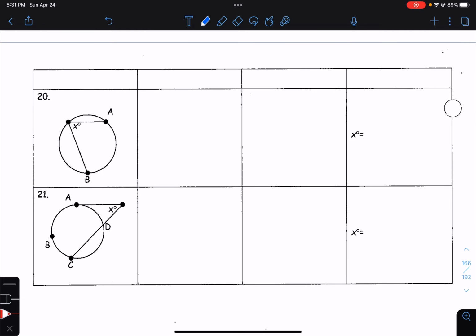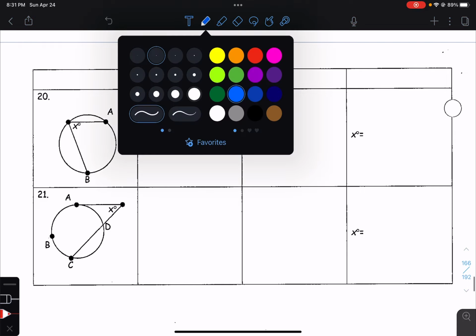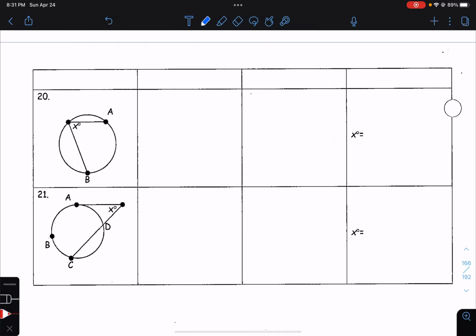All right, next one. We have an angle that is on the circle. This is another inscribed angle they're showing us here. So we can see we've got arc AB here.